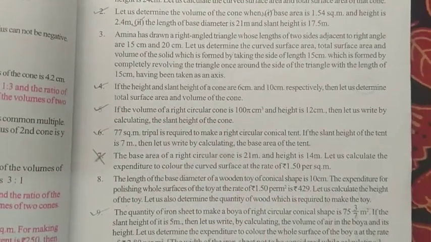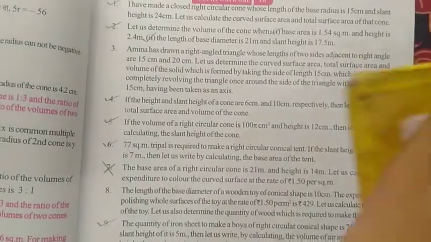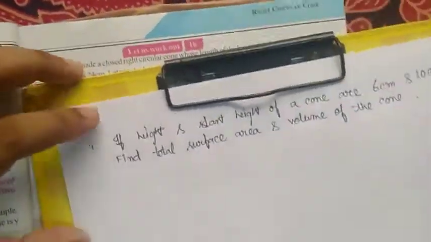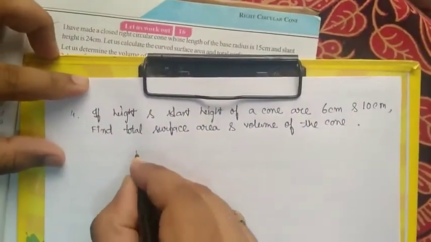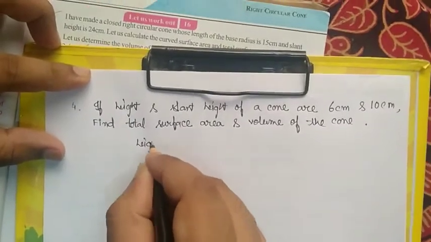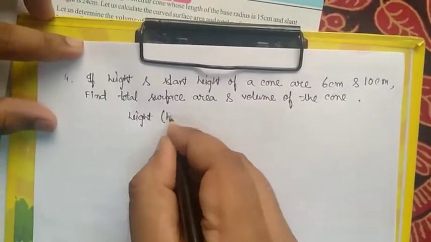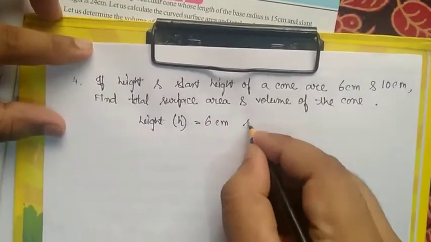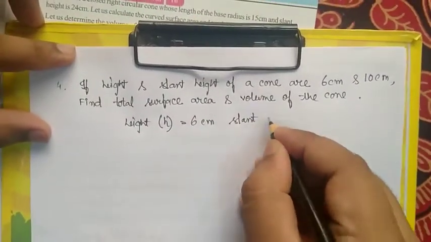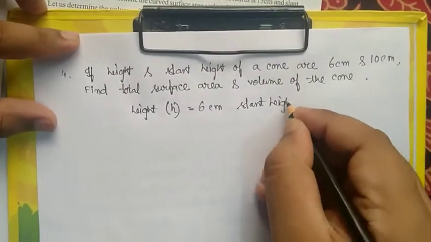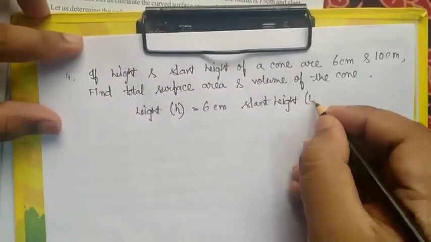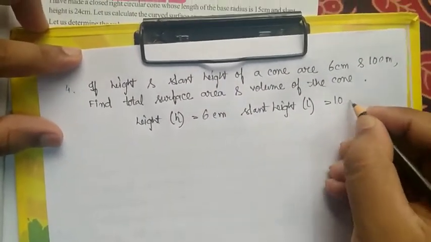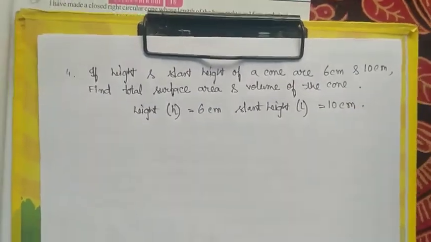So first of all, in this question, what is given? The height, denoted as h, equals 6 cm, and the slant height, denoted as L, we know is 10 centimeter.